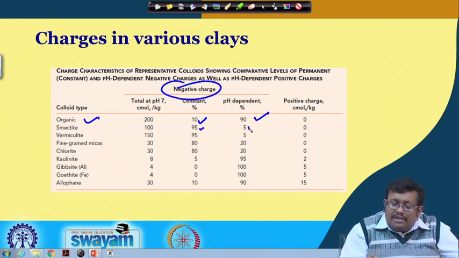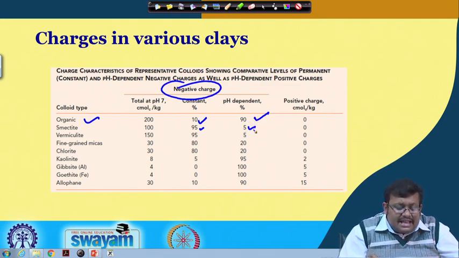However, there is only 5% pH dependent charge because they do not show this type of broken edges, so there is no such positive charge or negative charge development at the edges.